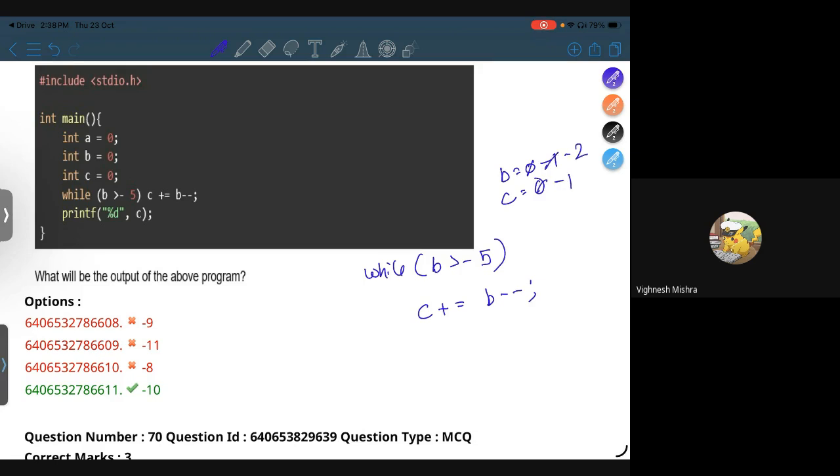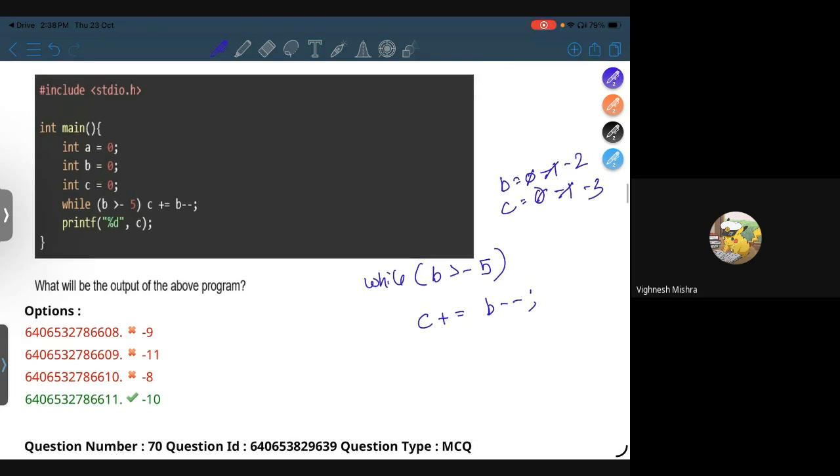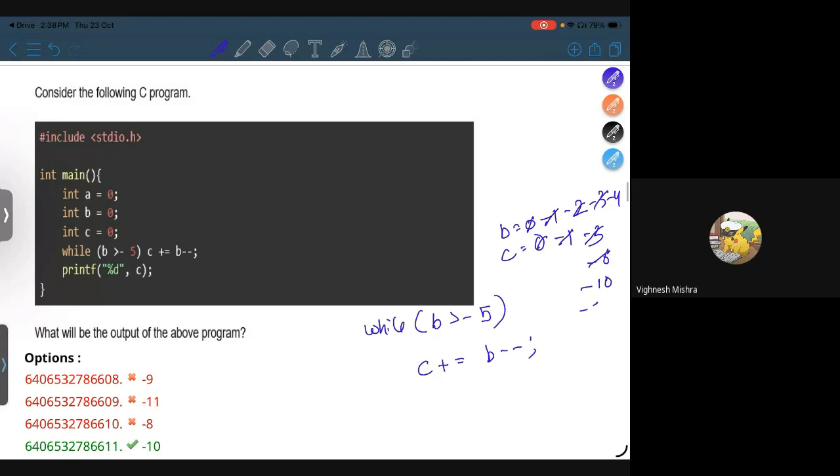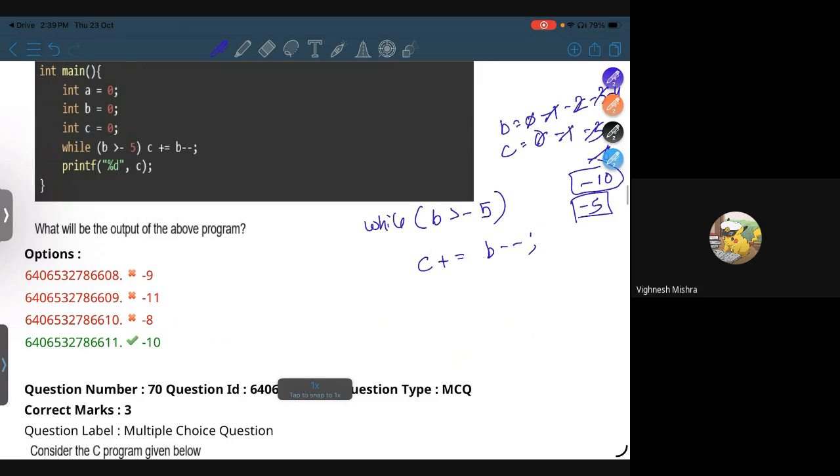Now this will become minus 2, this will become minus 3, this will become minus 6. Now this will become minus 4 and this will become minus 10. For the fifth time, it will become minus 5, which is not greater than minus 5. So yeah, the answer is minus 10.